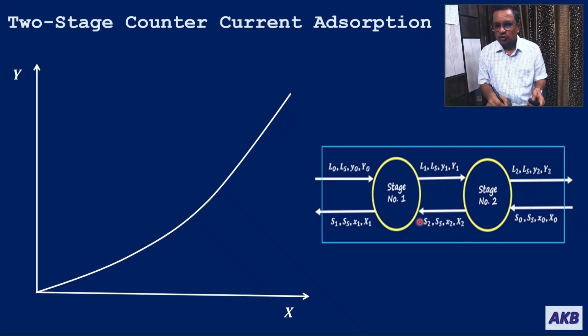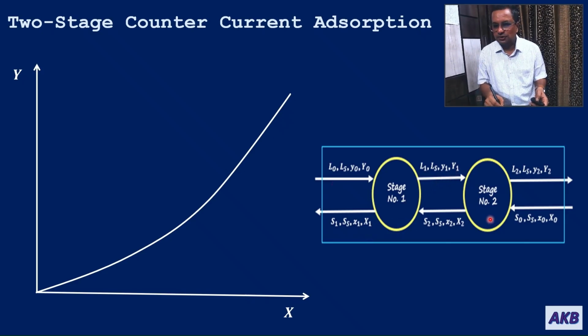So for stage number 1, the leaving streams are the liquid phase coming out of stage number 1 and the adsorbent phase coming out of stage number 1. Since they are leaving the stage and we are considering it to be a theoretical stage, X1 will be in equilibrium with Y1.